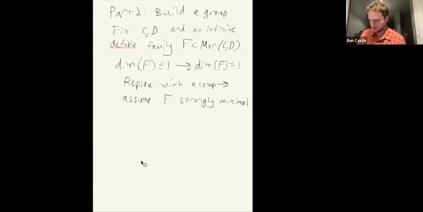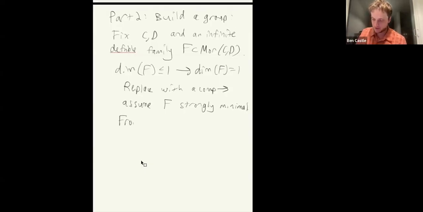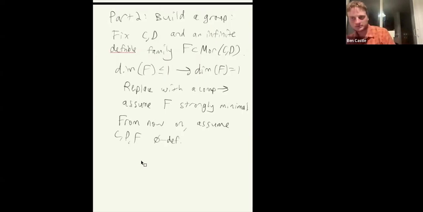And from now on, we assume that these are all 0-definable. I'm just saying add constants, and then at the end of the day, we'll still have an interpretable group even if we take away the constants. It's fine. So the group will be interpreted over extra parameters anyway, so it's harmless to do that.